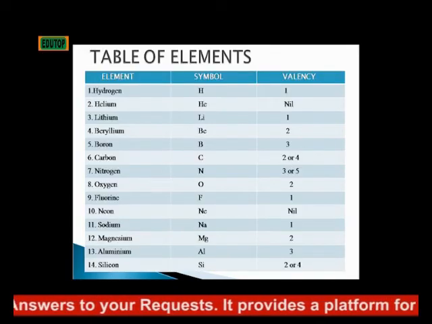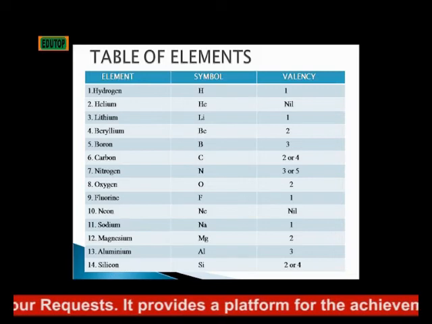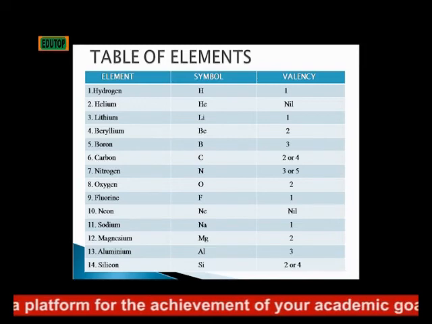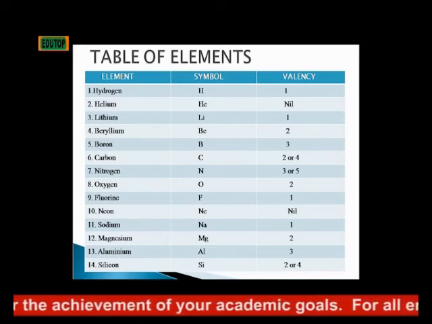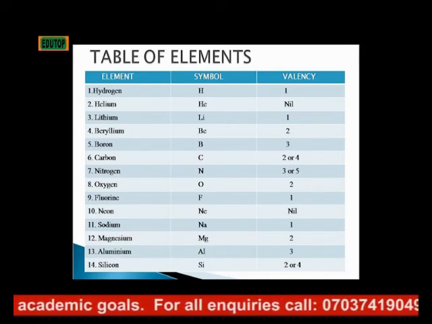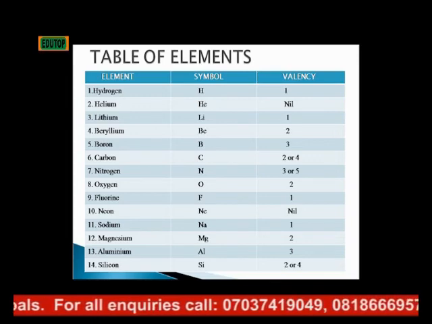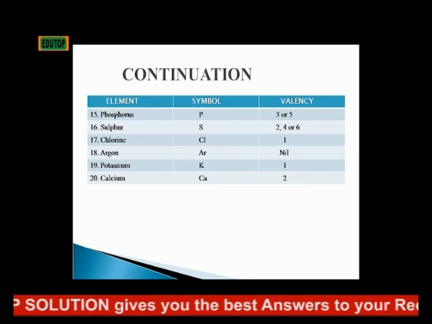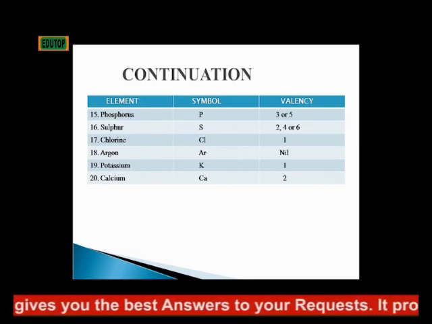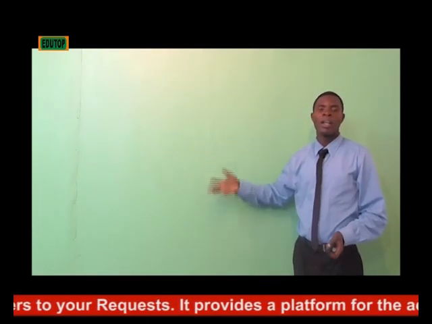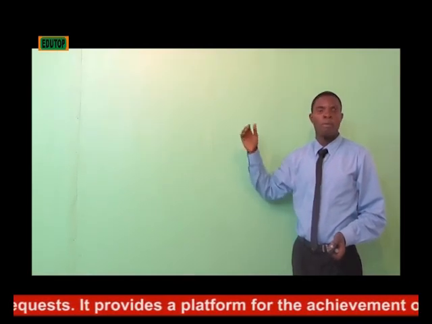Tables of the first 20 elements: hydrogen, helium, lithium, beryllium, boron, carbon, nitrogen, oxygen, fluorine, neon, sodium, magnesium, aluminium, silicon, phosphorus, sulfur, chlorine, argon, potassium, and calcium.